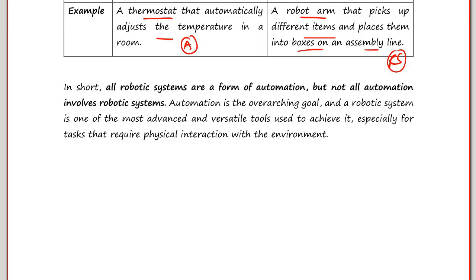So what we have learned is that all robotic systems are a form of automation, but remember, not all automation involves robotic systems. So, basically automation is the overarching goal, and a robotic system is one of the most advanced and versatile tools used to achieve it, especially for the tasks that require physical interaction with the environment.